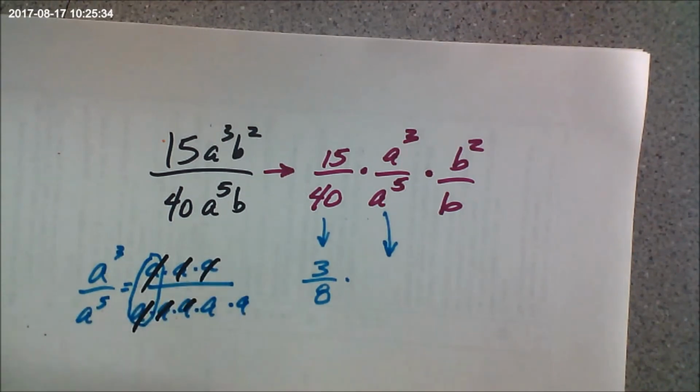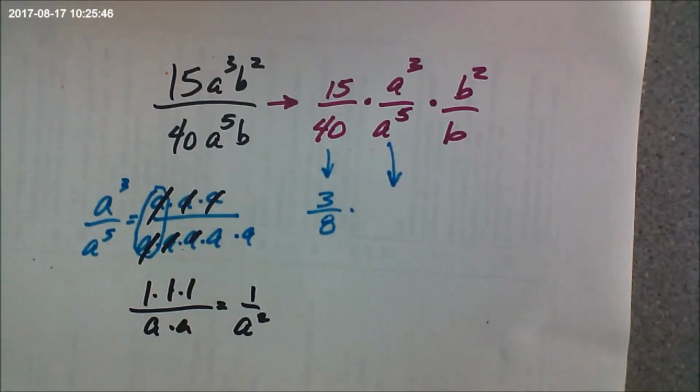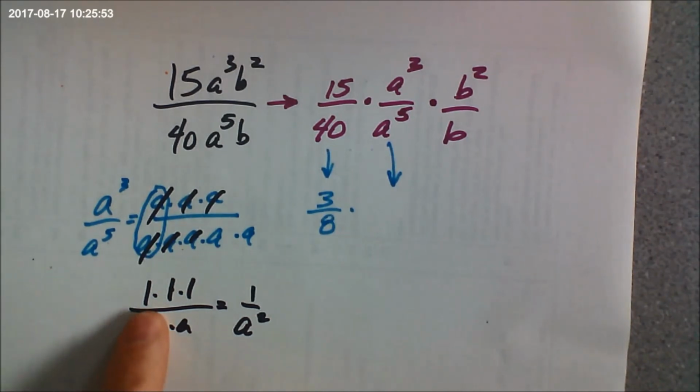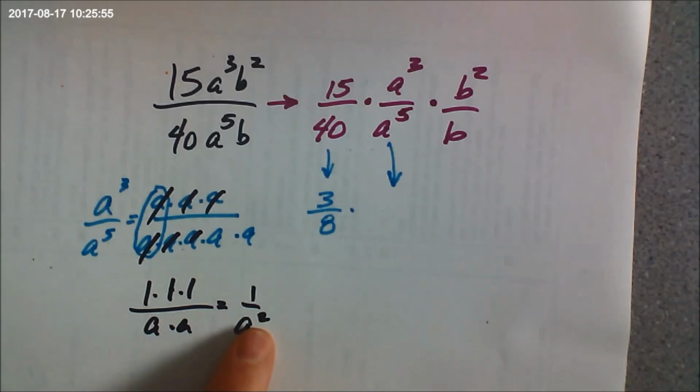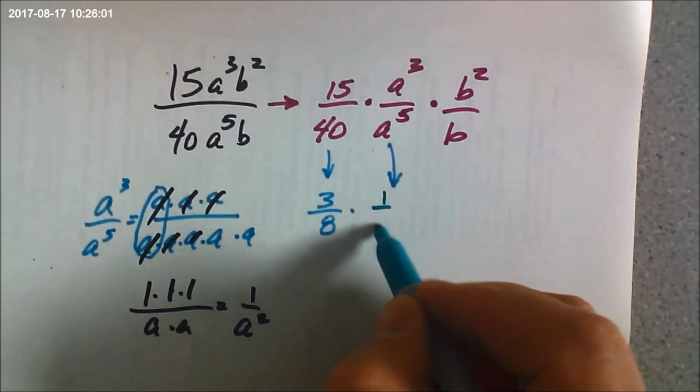I don't need to write 1 times 1 times 1 over a times a, do I? Can I just write 1 over a squared? Do I need to write that, or can I just write that? They're the same, right? So this one is going to be 1 over a squared.